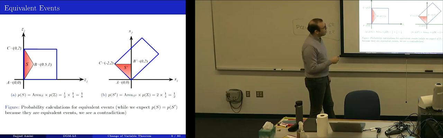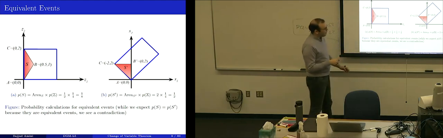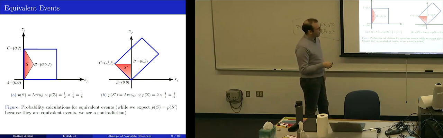So let's calculate the probability for each of these two areas. For the first one, because the distribution here is uniform, I can calculate the area of this red region. The area times the PDF is equivalent to the probability of the event.